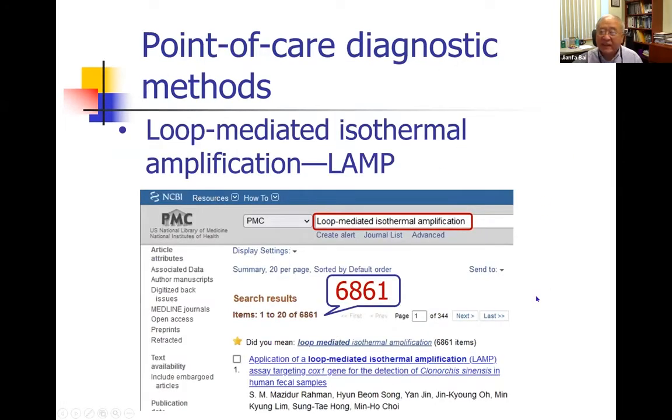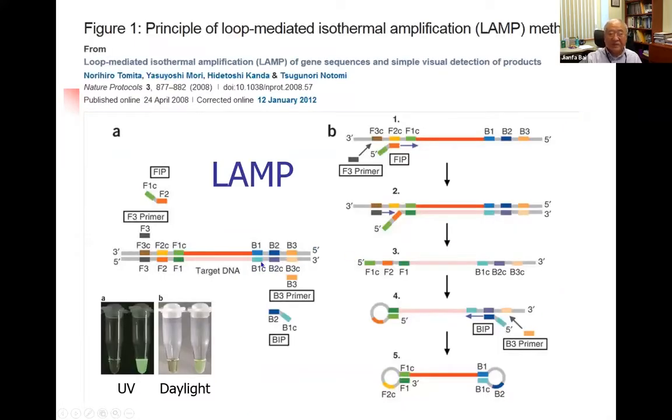Point of care, a lot of people are talking about point of care. One technology is called loop-mediated isothermal amplification, or LAMP. I just searched PubMed, and there are more than 600 to 800 peer-reviewed publications. So it's widely used. What it does is that you do not need a lab.